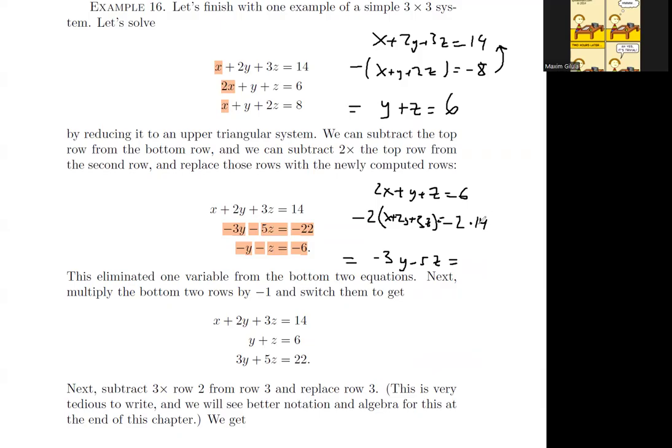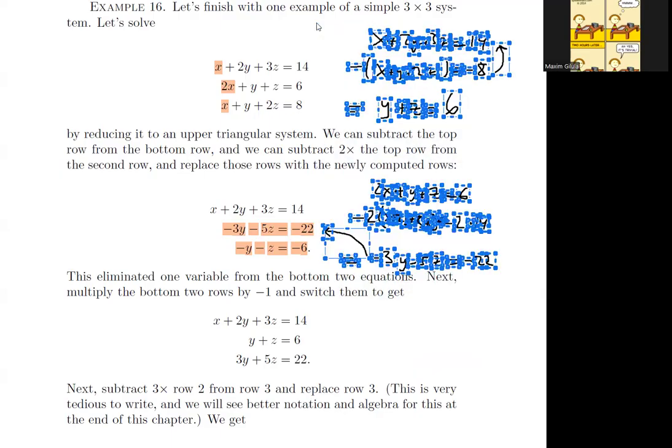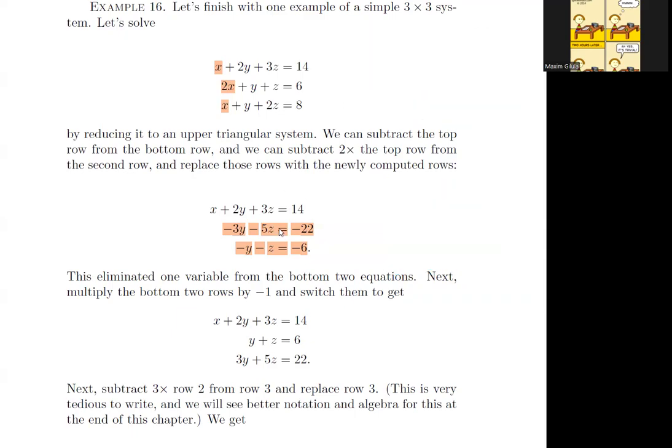And then 6 minus 28 is minus 22, which was this row over here. So we got rid of x from the bottom two equations. Now we reduced this to a 2 by 2 system, and we know how to solve 2 by 2 systems. You get rid of one of the variables and make it something that looks like a triangular system.